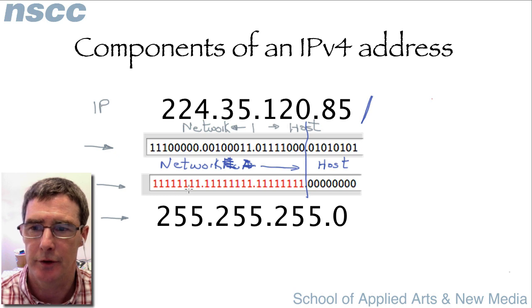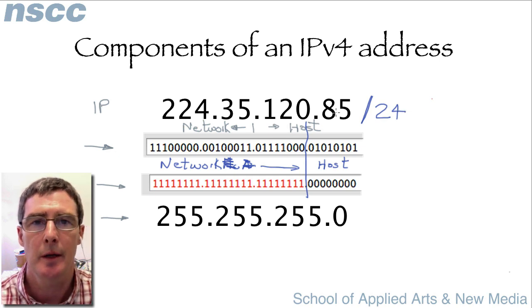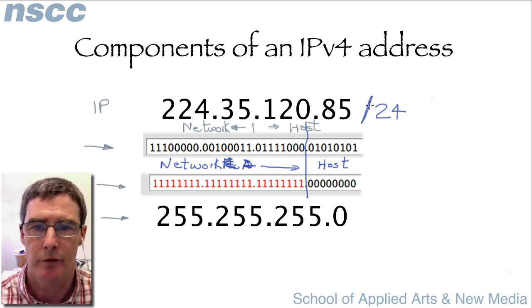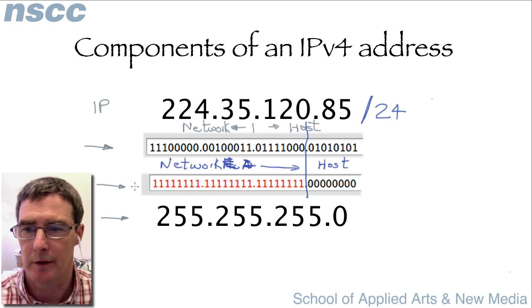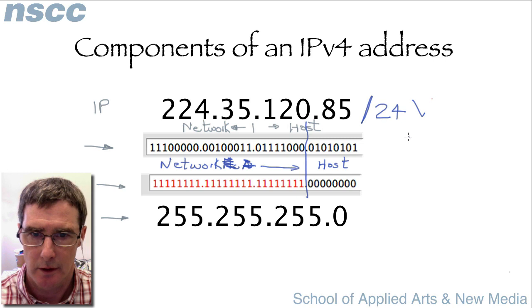So for instance, here we have 8 and 8 and 8, or 24. If you see an address slash and then a number like 24, that means a network mask: the first 24 bits starting from the left-hand side are all ones and the rest are zeros. So this is a shorthand notation that gives us both the network mask and the IP address.